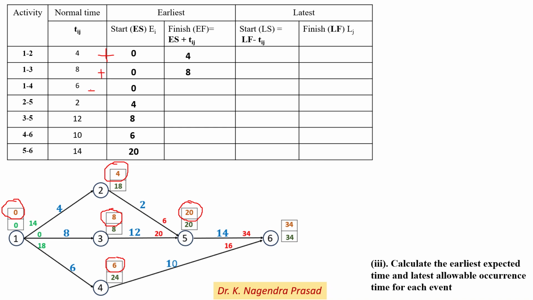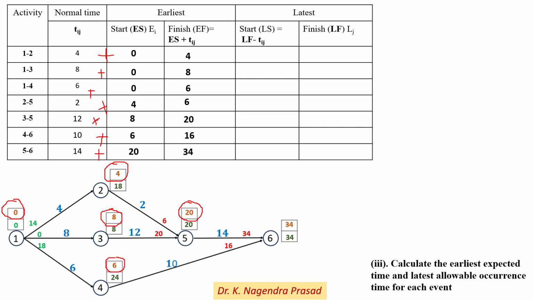Next, for activity 1 to 4, 0 plus 6 is equal to 6. Next, for activity 2 to 5, 4 plus 2 is equal to 6. Next, for activity 3 to 5, 8 plus 12 is equal to 20. Next, activity 4 to 6, 6 plus 10 is equal to 16. And next, for activity 5 to 6, 20 plus 14 is equal to 34.